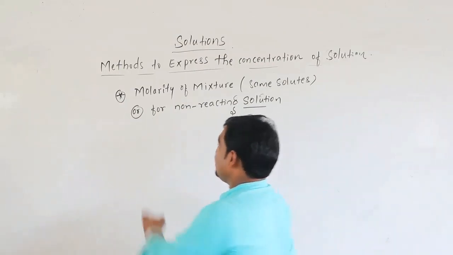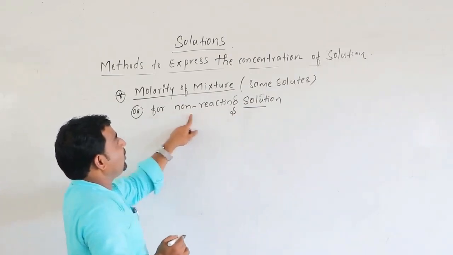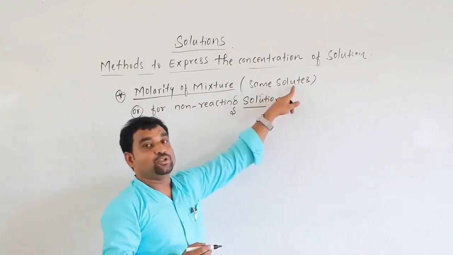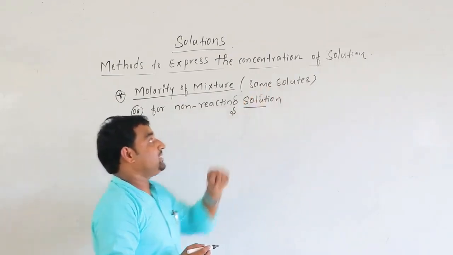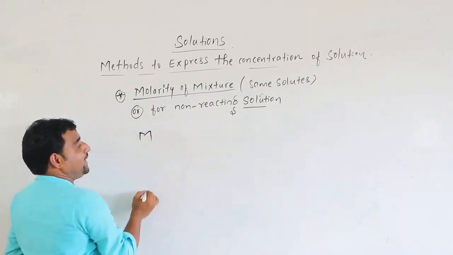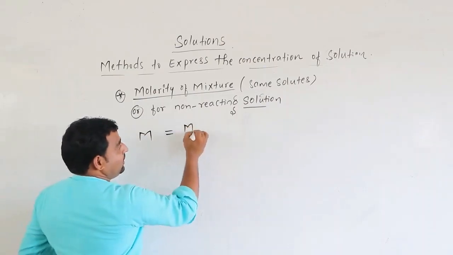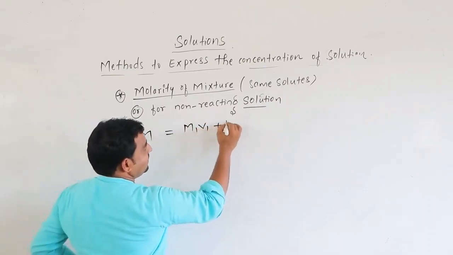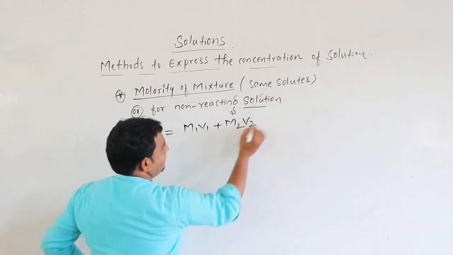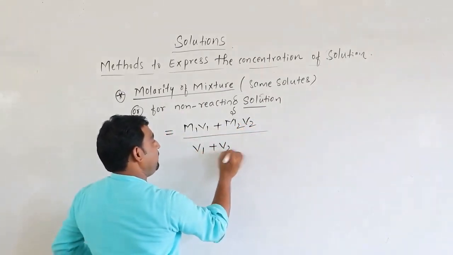Now we will discuss. The first one is molarity of the mixture, or you can say for non-reacting solutions having the same type like acid and acid or base and base. How to calculate the molarity? Molarity of the resulting solution is equal to M1 V1 plus M2 V2 divided by the total volume, that is V1 plus V2.